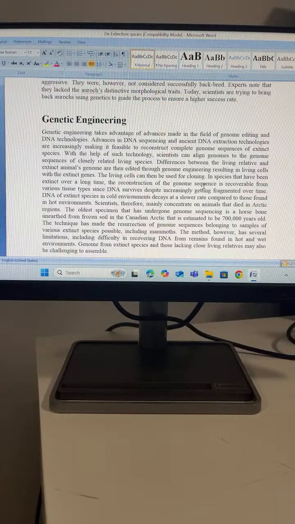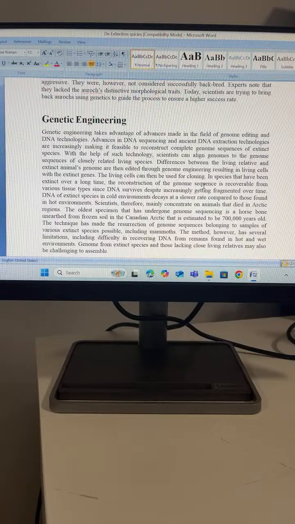With the help of such technology, scientists can align genomes to the genome sequences of closely related living species. Differences between the living relative and extinct animal genome are then edited through genome engineering, resulting in living cells with the extinct genes. The living cells can then be used for cloning in species that have been extinct over a long time.